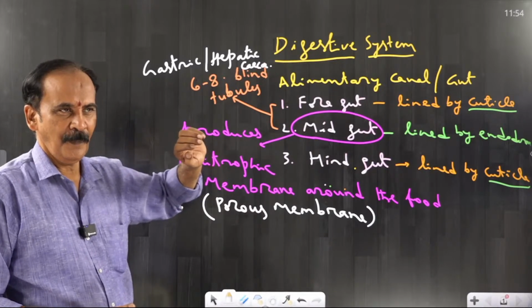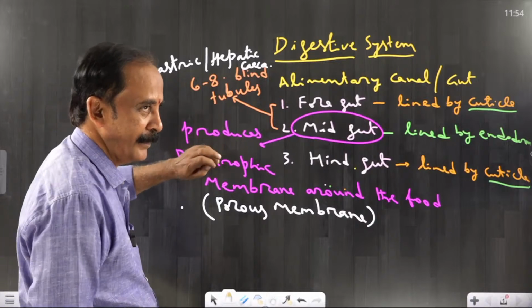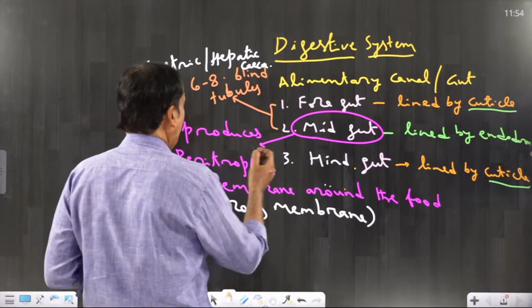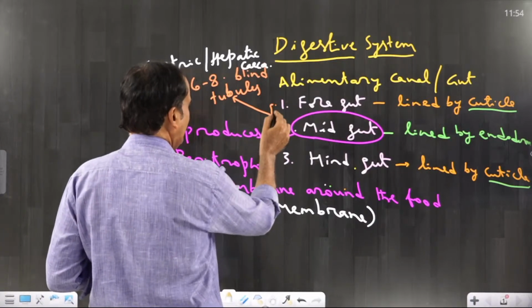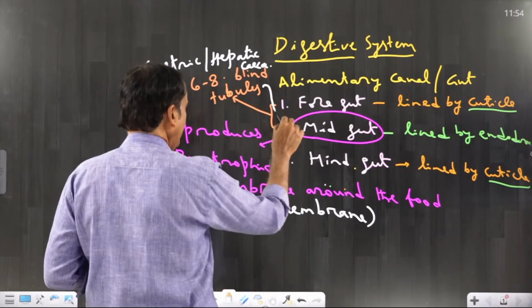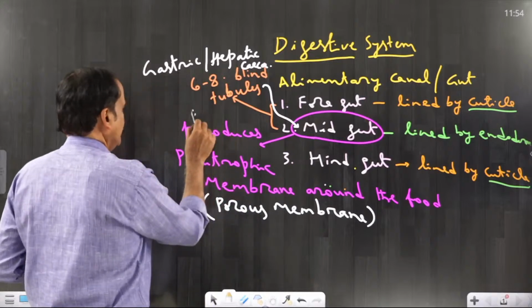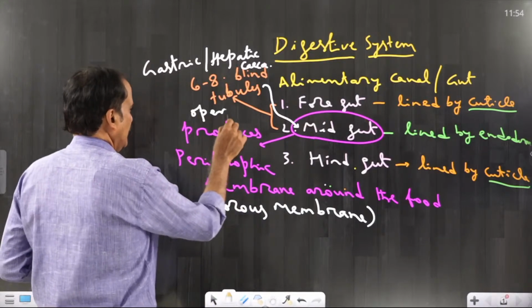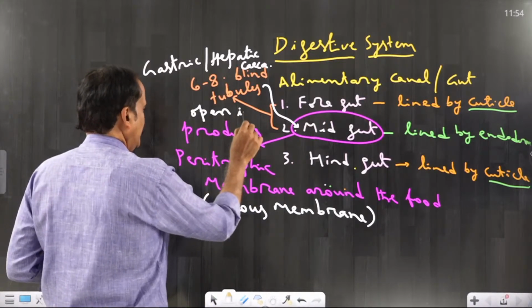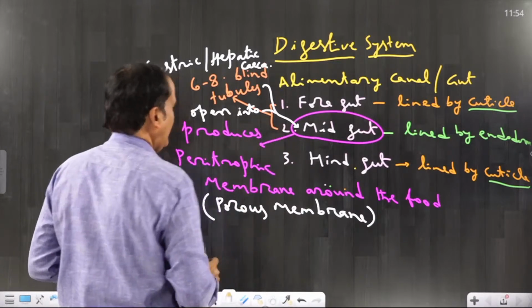Respond. Yeah, they actually open into midgut. They are present at the junction of foregut and midgut, and these hepatic caeca will be opening into midgut. So, the digestive secretions are released into the midgut.